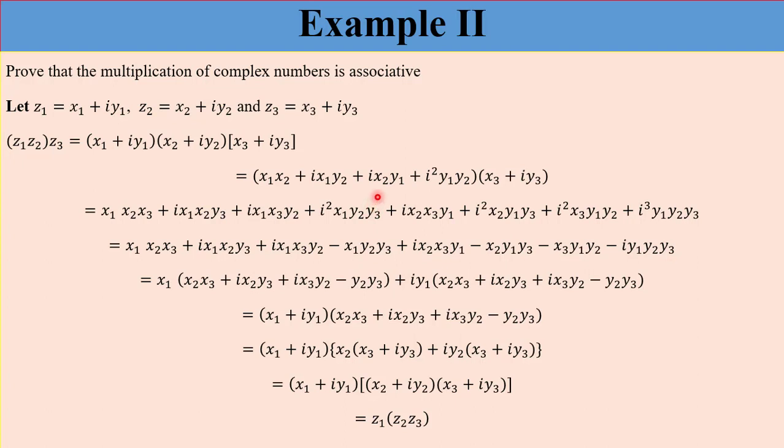Then we go to the next term, which is ix2 y1 times x3, which will be ix2 x3 y1, then ix2 y1 times y3, which will give us i squared x2 y1 y3.